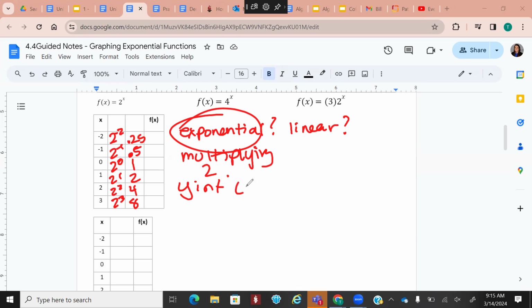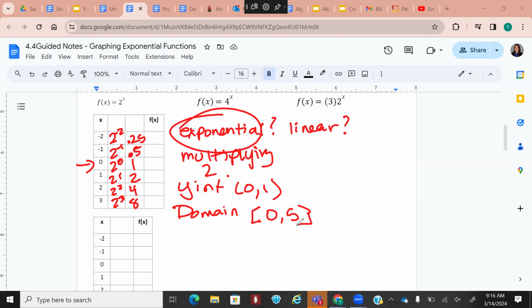Okay, and I want you to write it as an ordered pair. So 0, 1. That comes from this table right here. If I asked you for the domain of the first 5, let's say this is talking about hours, so from 0 to 5, what would the domain be?